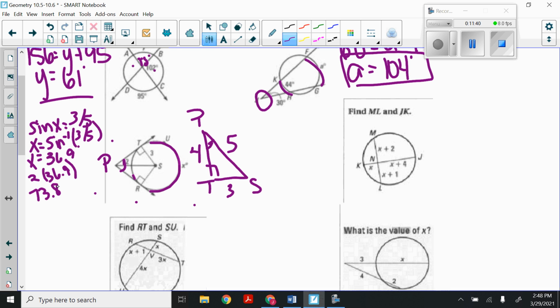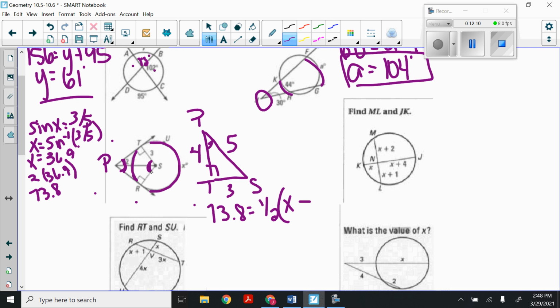Okay. So now I know that this angle is 73.8. So now 73.8 is equal to 1/2 X, which is what I'm finding, minus, so now I need this arc right here. That arc is going to be the same as this central angle.